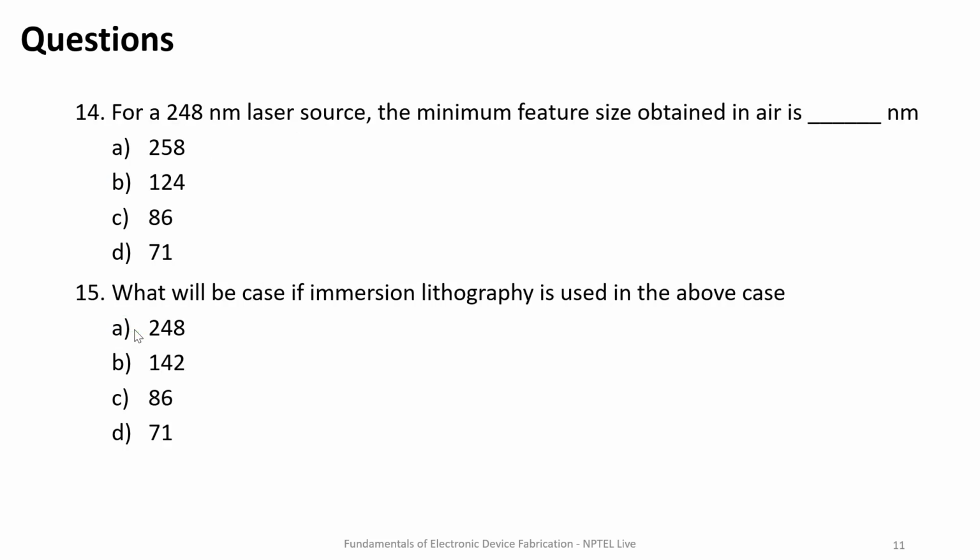Next is for a 248 nanometer laser source, the minimum feature size obtained in air is dash nanometer. And as a continuation, what will be the case if immersion lithography is used? Everybody take a few minutes, take your own time. First identify the equation that is used here, then substitute the values and tell me the answer of both 14 and 15 together.